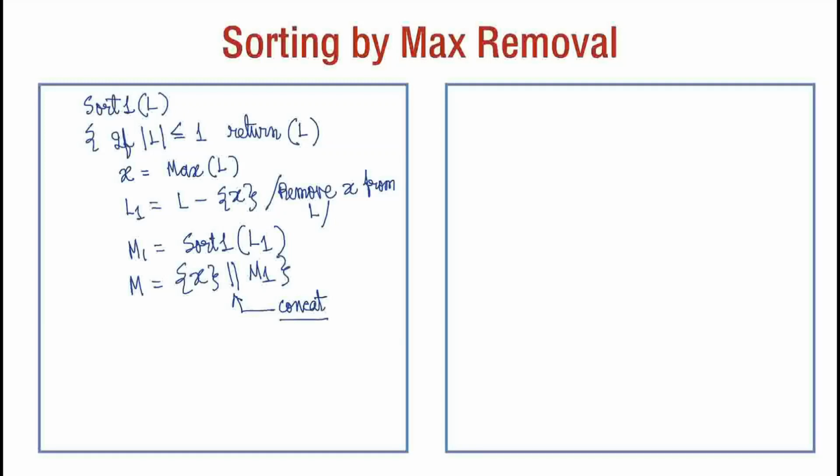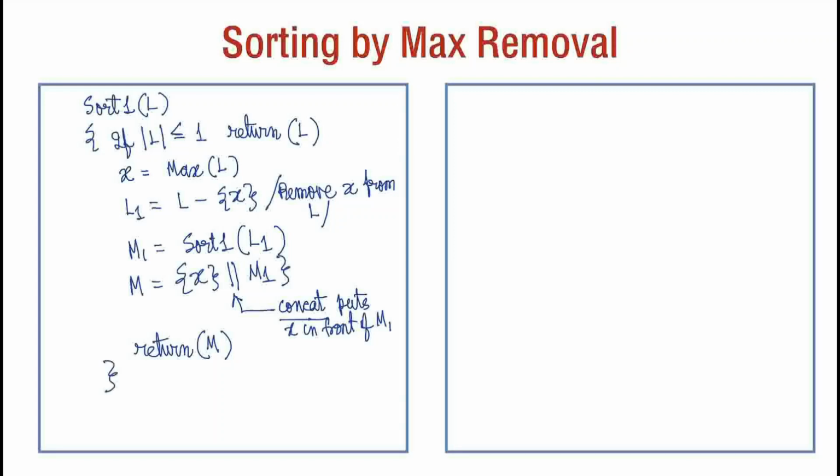The concatenation operator puts X in front of M1 and creates this list, and once we have M, we return M.